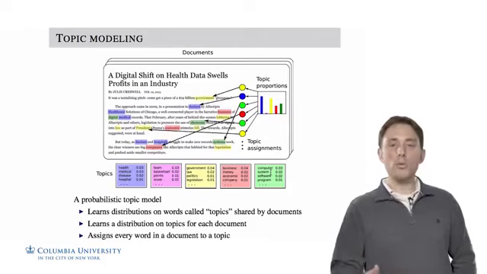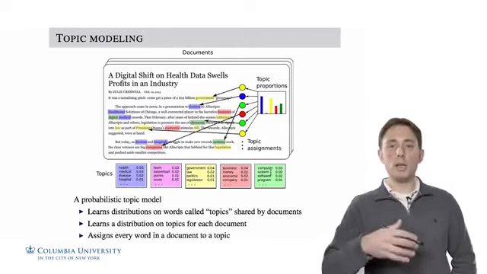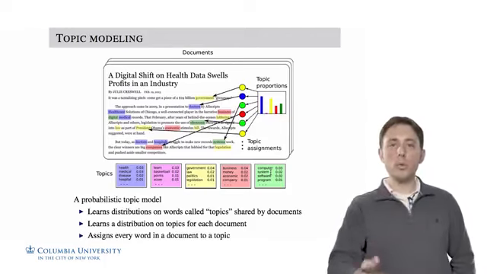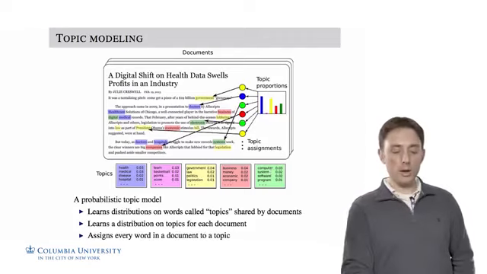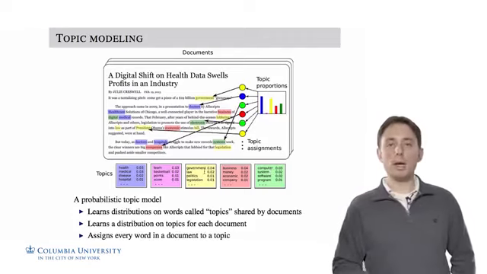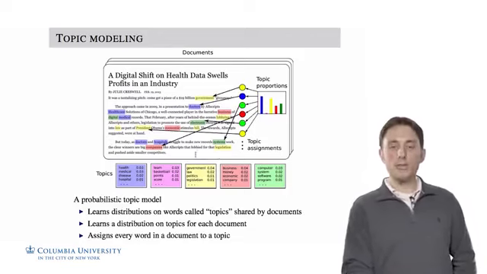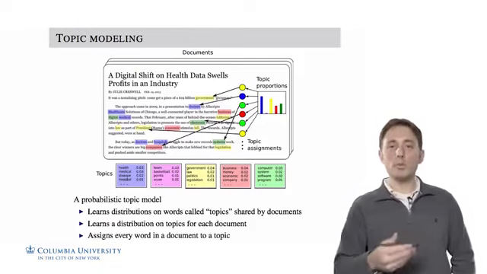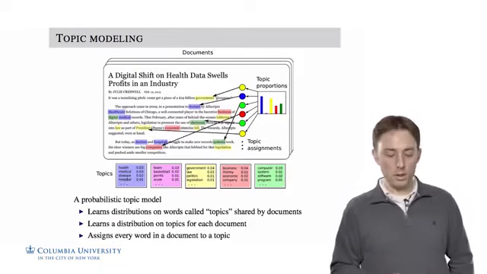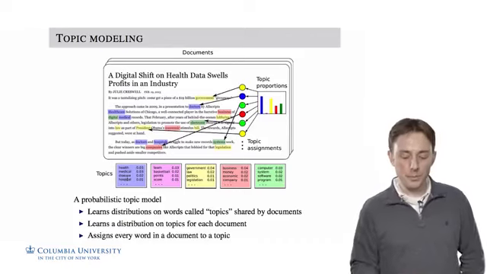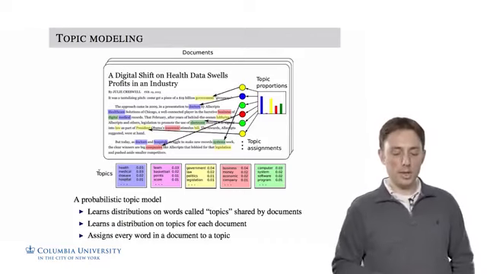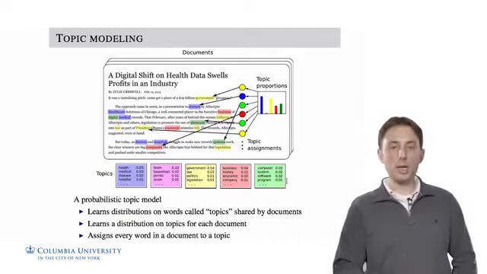But if we view that probability distribution as an ordered list of words based on how probable they are, we'll see that the most probable words that come to the top all relate to the same theme. And so we learn 5 different topics where each topic captures one theme underlying the data set. So this is a global thing that interacts with every document.